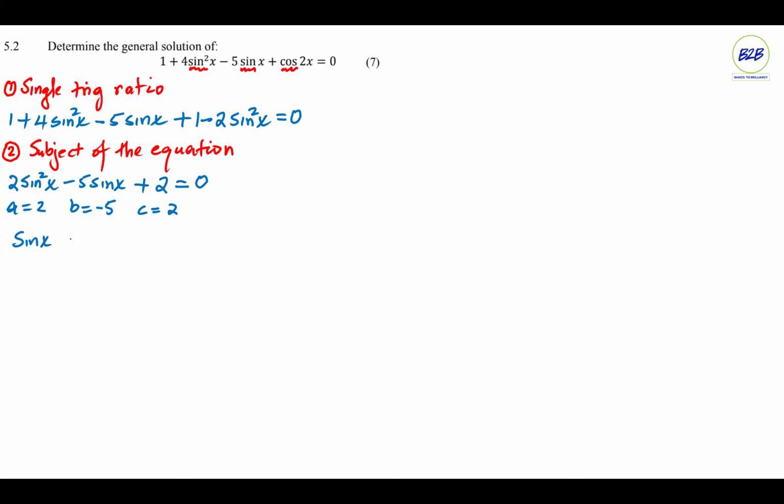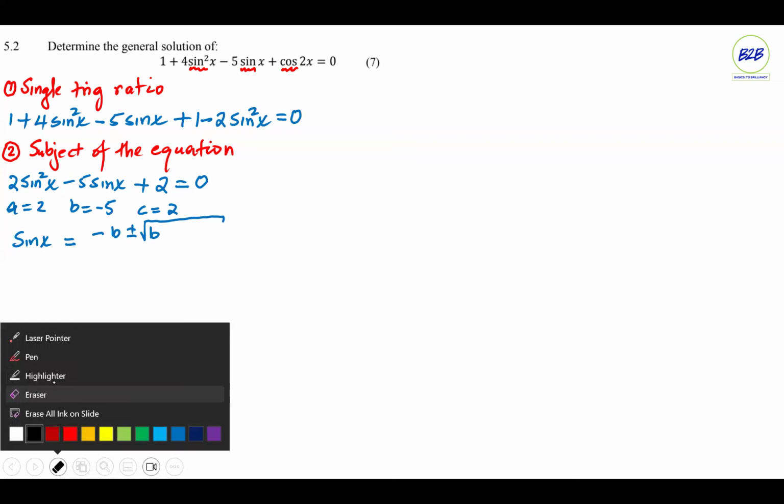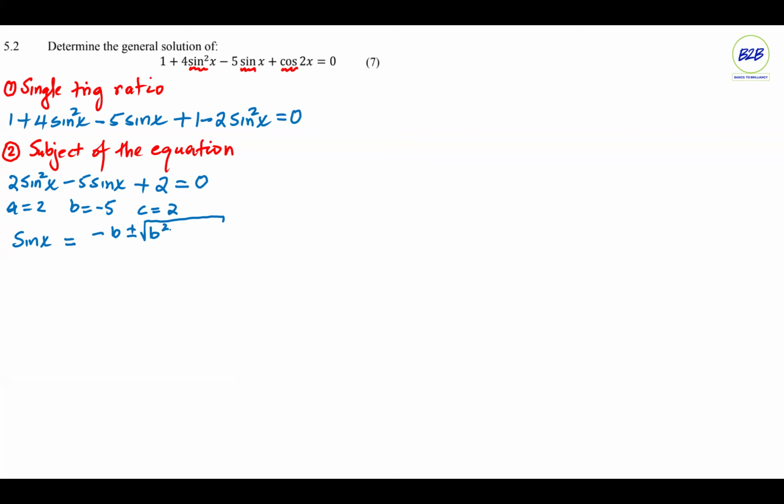Sine x is equal to minus b plus or minus the square root of b squared minus 4ac, and then we divide all of that by 2a.